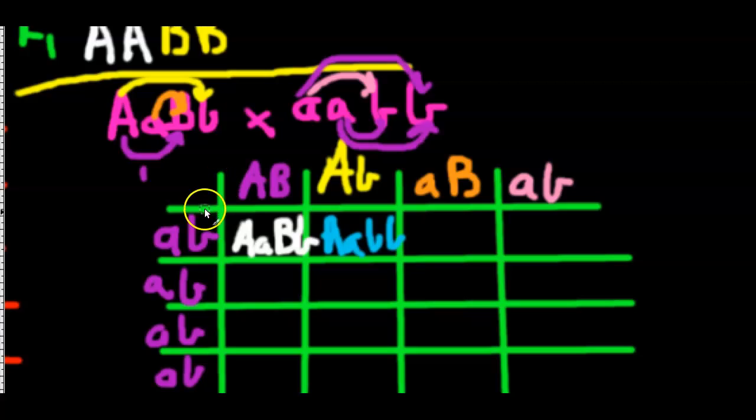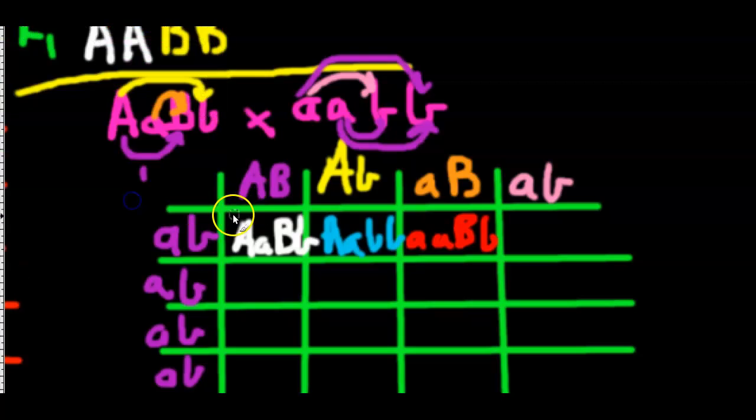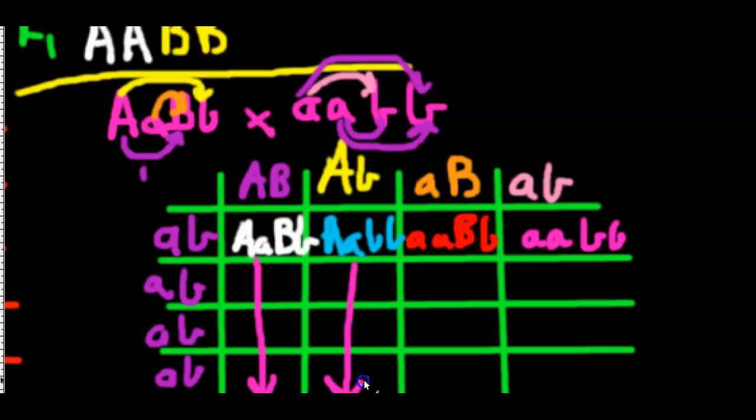Little a, little a, big B, little b. And then 2 little a's and 2 little b's. And they will be exactly the same all the way down, so we do not need to do this. So instead of being out of 16, it will be out of 4.